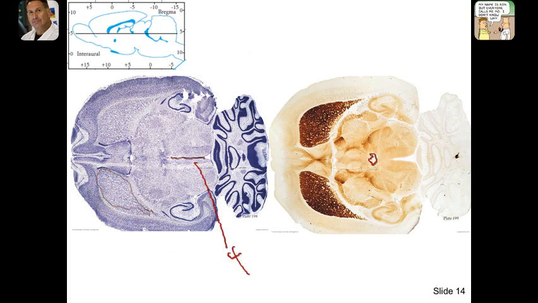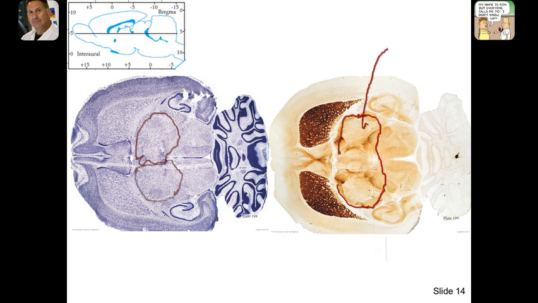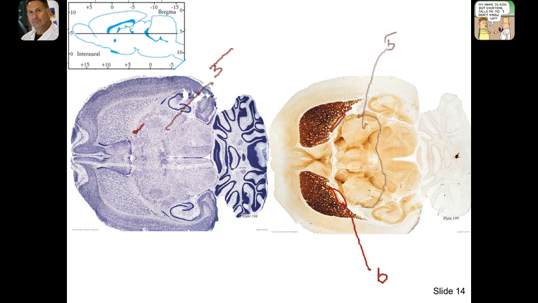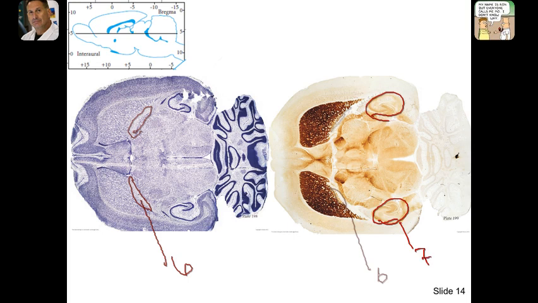We have the thalamus. We have a little bit of the globus pallidus here and here, a little bit bigger one here and here, of the hippocampus, and we have the cerebellum.